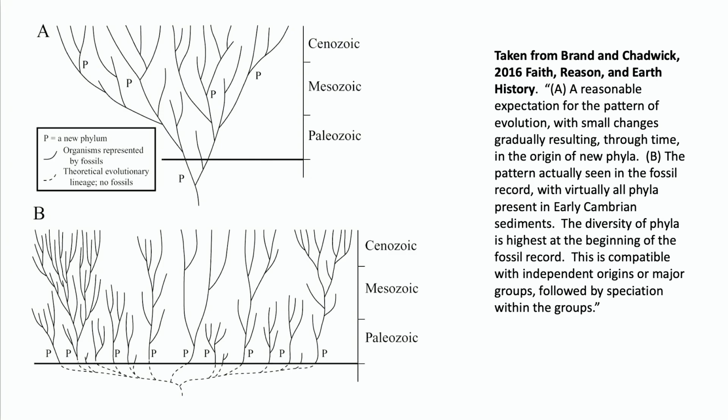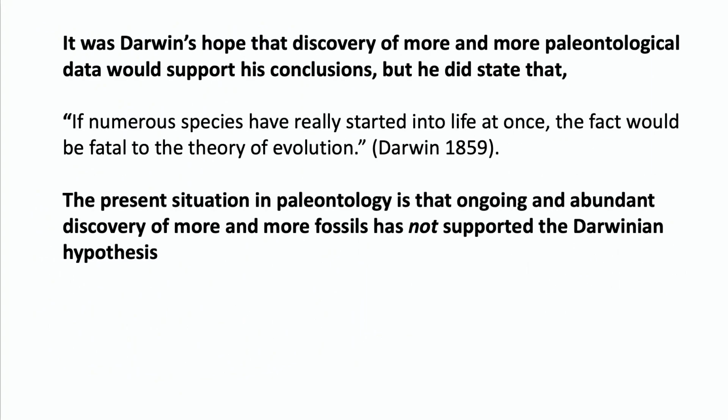Sorry, this line being the rock record, the animals that we could actually find in the geologic column. Down at the very, very bottom, where animals start showing up, there's a pile of them. Remember what Darwin said? If numerous species have really started into life all at once, the fact would be fatal to the theory of evolution.